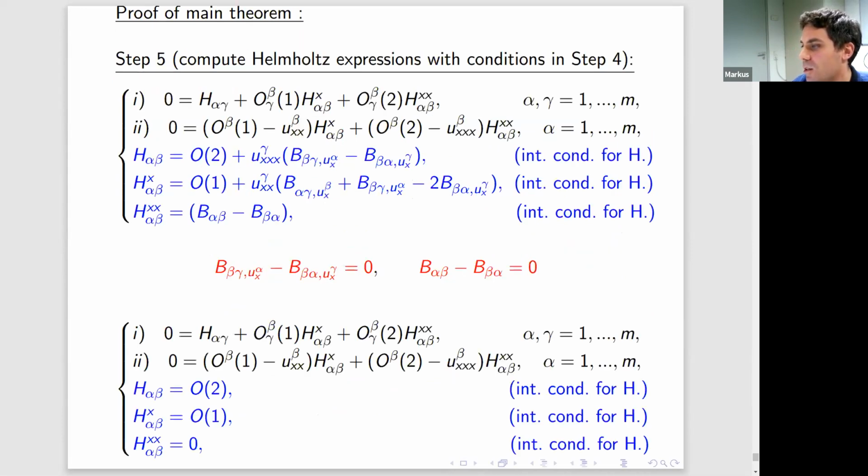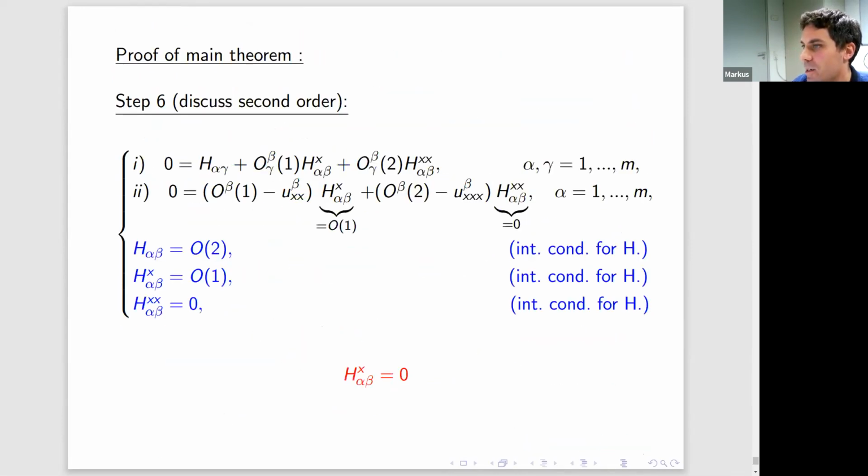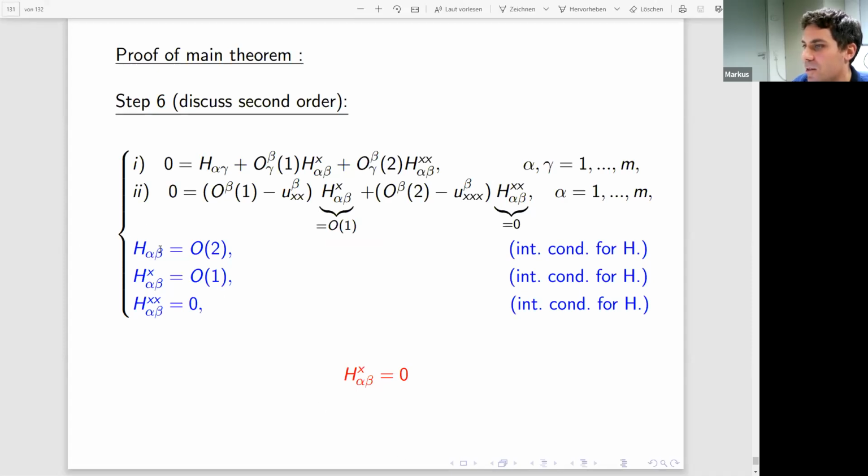So you do this many times, and as you can see, these are getting lower and lower order, and finally at some point you will derive that everything must be zero after several steps.